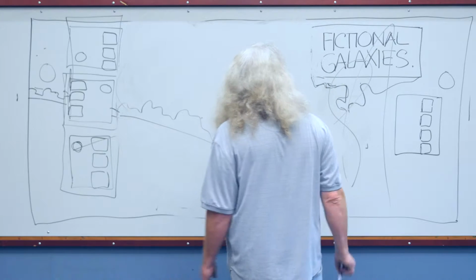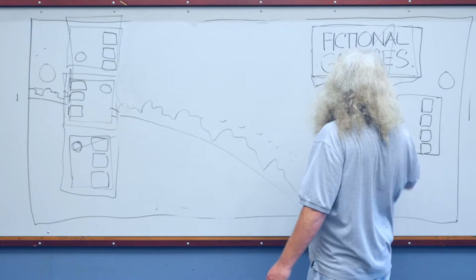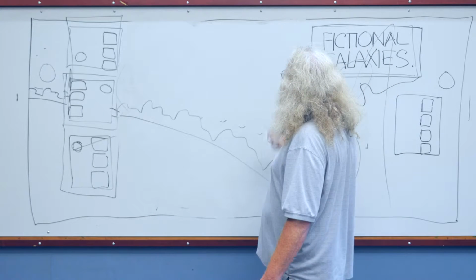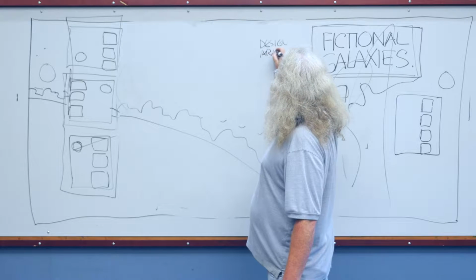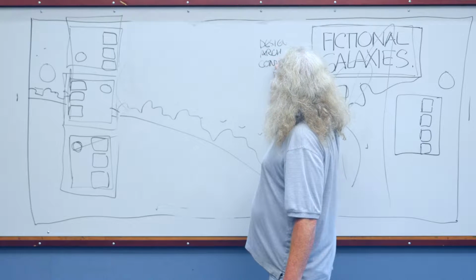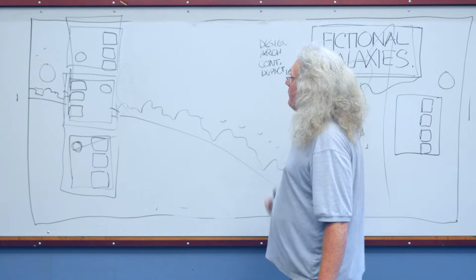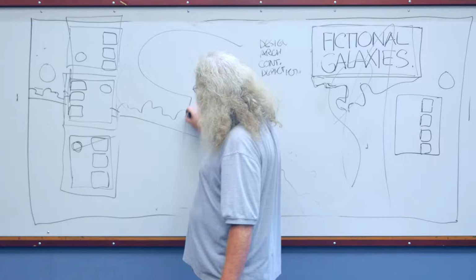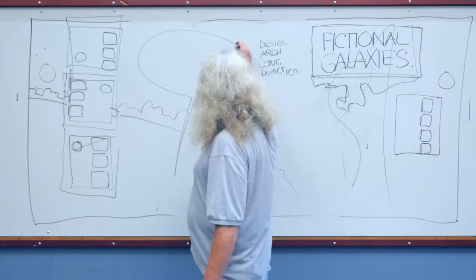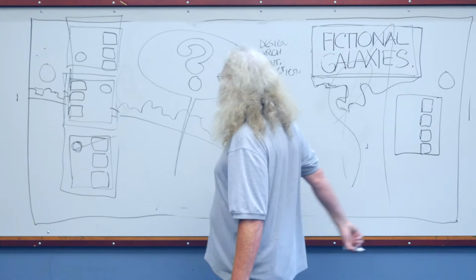Okay, so I am interested in doing this thing called Fictional Galaxies, which is a technical document, which talks about design and architecture and contemporization and depiction. And I like doing it with characters, and I like doing it with a sense of humor. So the sense of humor part is really, really important because basically we don't know a whole lot about reality at all.